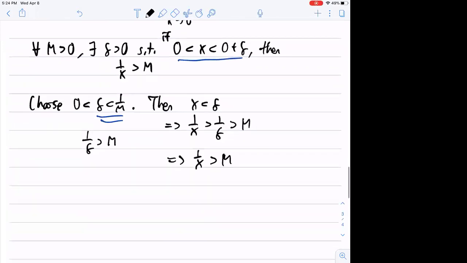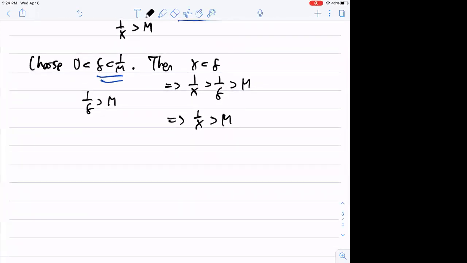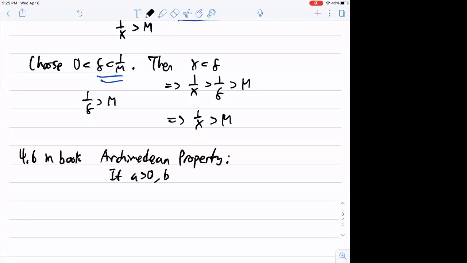But let me remind you of a nice property. It's 4.6 in the book, chapter 4. It's something called the Archimedean property. So that is pretty much what we are using. It says if a is bigger than 0 and b is bigger than 0, then there exists positive n such that na is bigger than b.